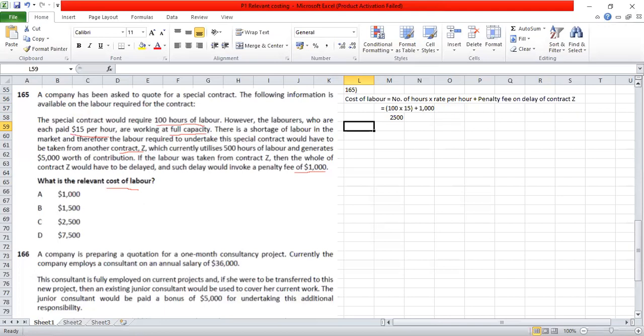But this situation is only delaying, so eventually they will receive it, maybe not immediately. So it is not an opportunity cost. But if they close it, then that 5,000 will be added here, and the special order price will be 7,500.